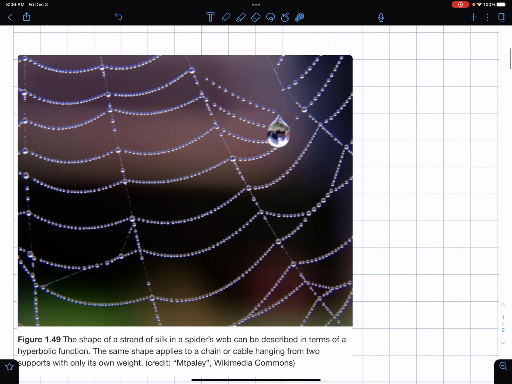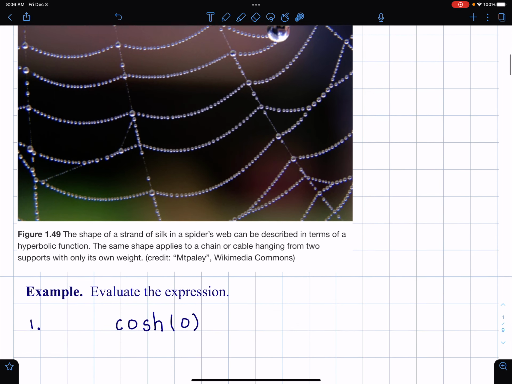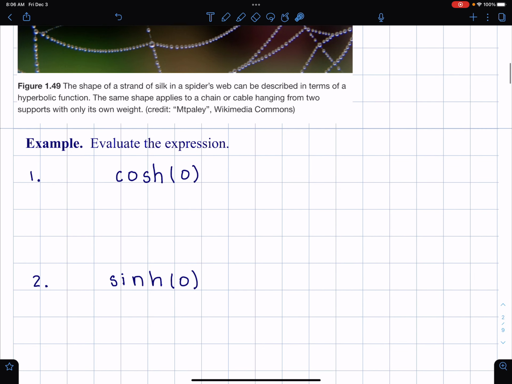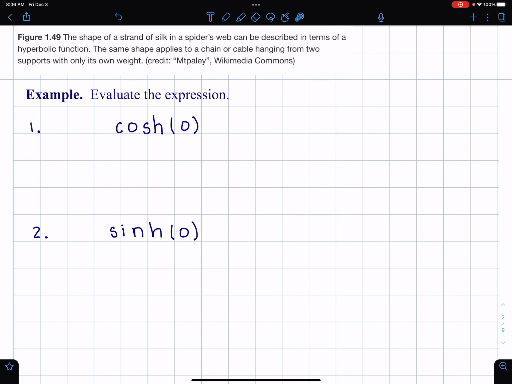So if you had a chain or a cable that's hanging, that can be described in terms of hyperbolic functions. Now what we're going to do here is just apply the definition to evaluate the expressions. So on the side here, I'll rewrite that definition.